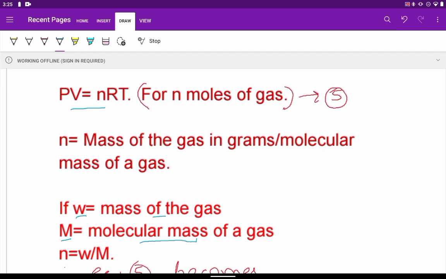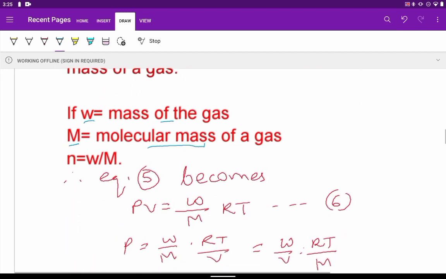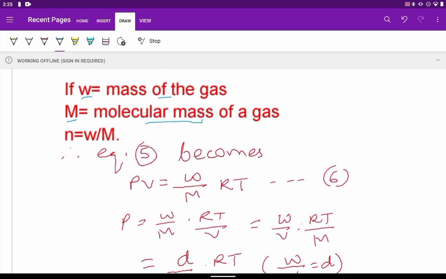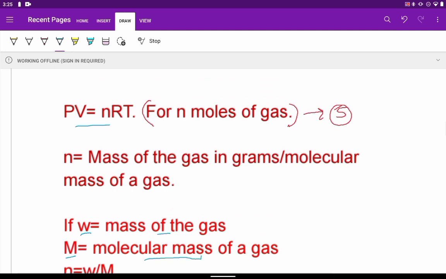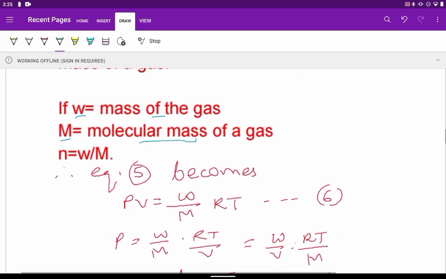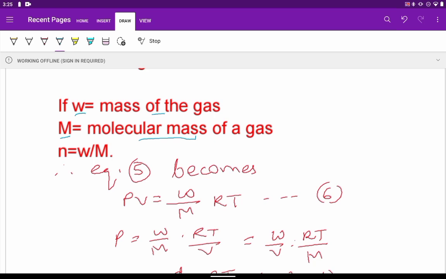This will give us the number of moles n. So putting n equal to W by M in equation number 5, in place of n we put W by M. We get PV equal to W by M into RT.